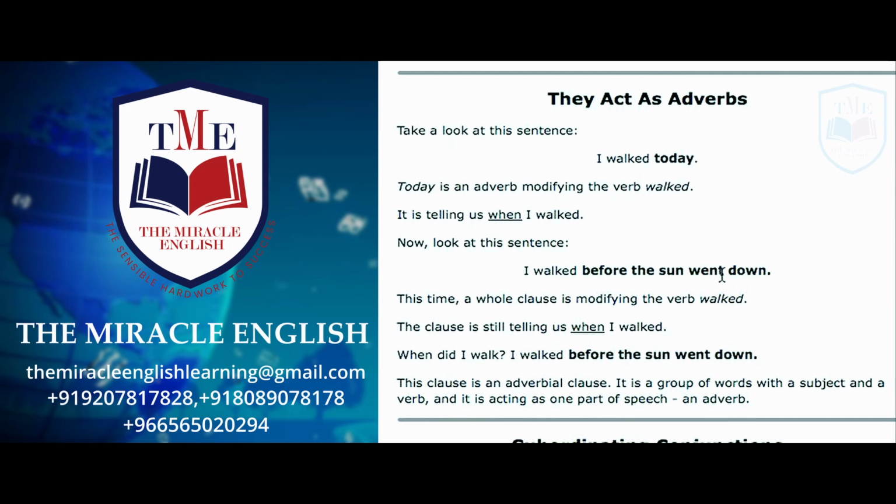Here we have a dependent adverb clause. It has a subject, sun. It has a verb, went. And all of these words are performing the function of an adverb. They're all working together to tell us when I walked.